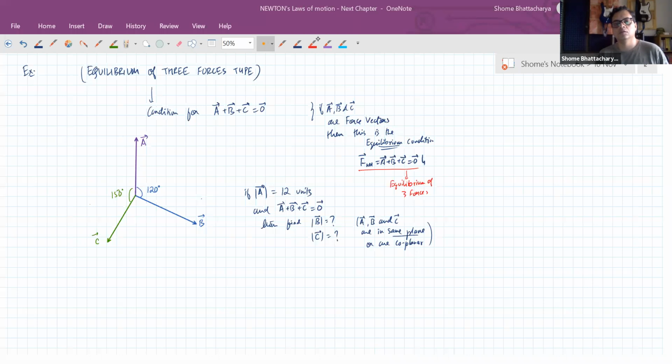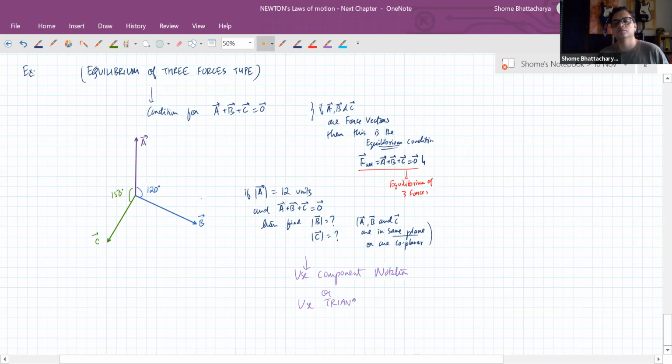You can use component notation, or you can use triangle law and do that also, that a plus b plus c is equal to 0 can be expressed as c is minus of a plus b, or b is minus of a plus c, or a is minus of b plus c. Any of these you can make use of, or component notation.